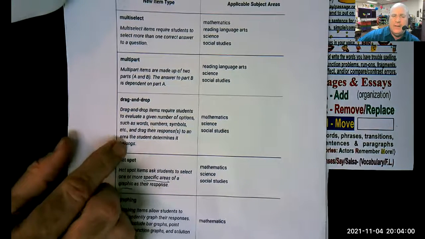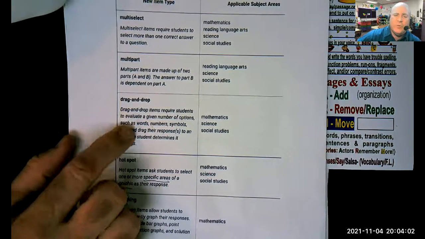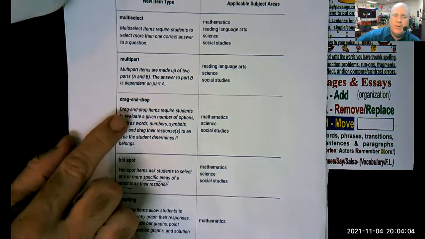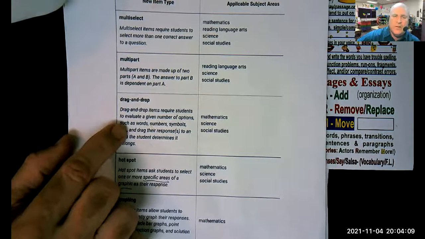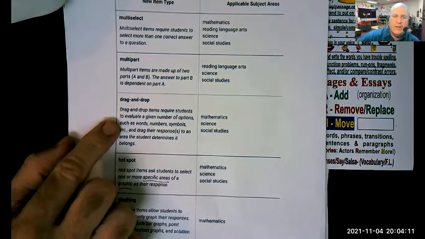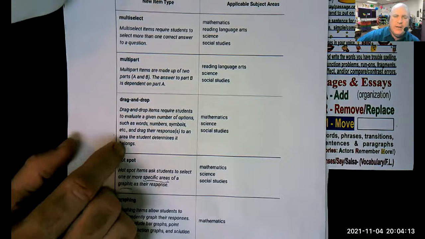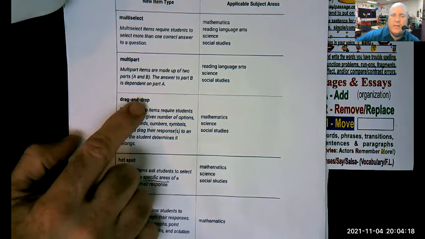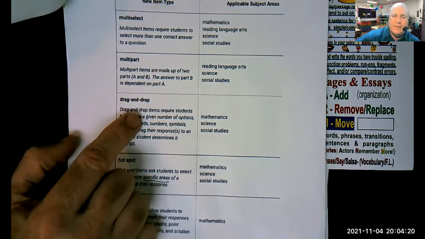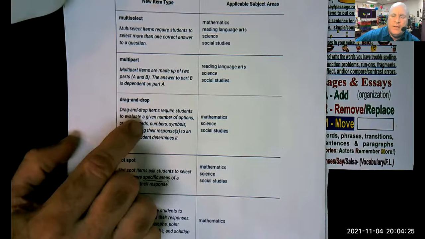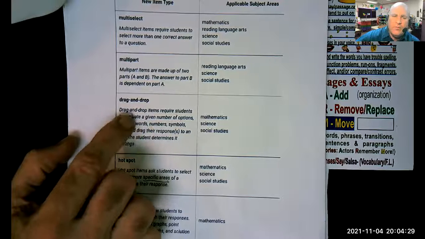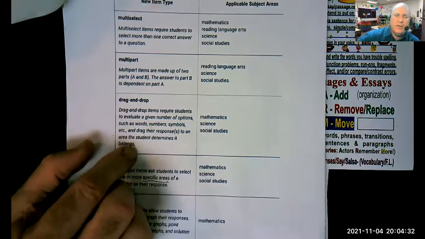And basically, it's going to be sort of like multiple choice because all you're going to be doing is dragging your response, words, numbers, symbols to an area that they determine where it belongs. Basically, if it's a drag and drop, it's going to be from a drop down menu basically, and it's sort of like having an A, B, C, and D already listed, and you grab one of the responses and put it in the spot where it belongs.